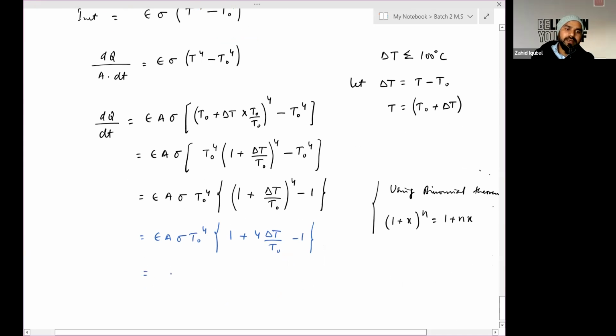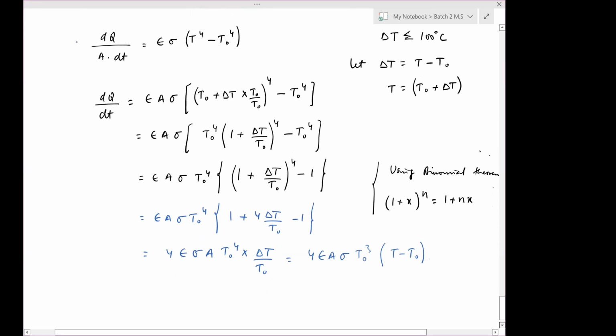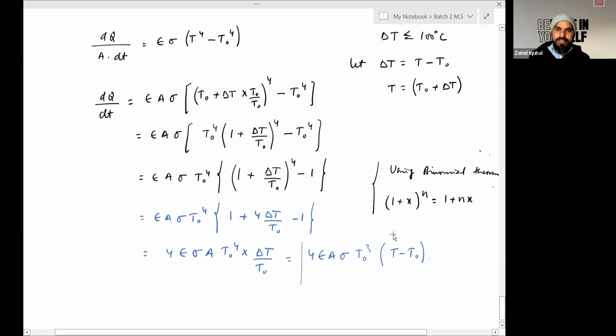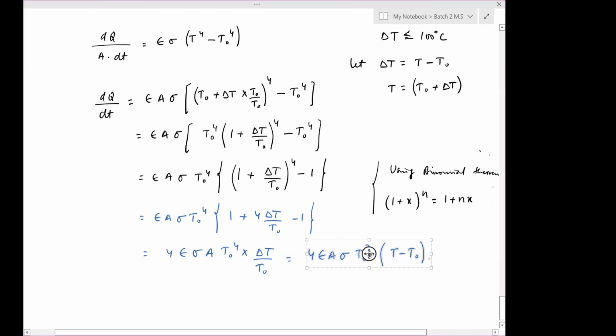You're left with 4 epsilon sigma A T naught to the power 4 multiplied by delta T by T naught. T naught cancels out. On putting the value, you will get 4 epsilon A sigma T naught cubed times (T minus T naught). So Myra, is it clear till this part? Yes, sir. Aisha, any doubt? No, sir.